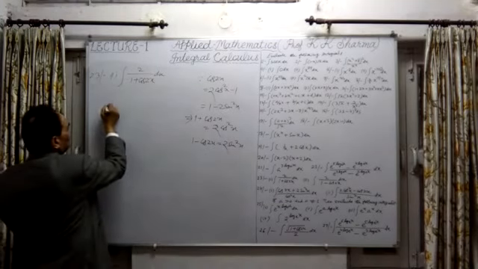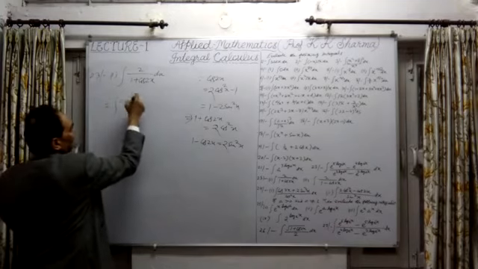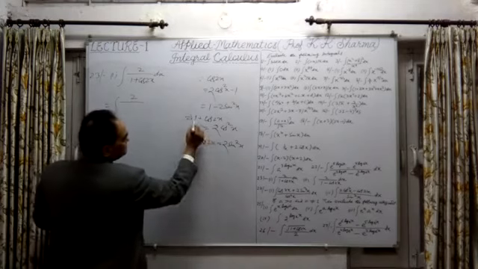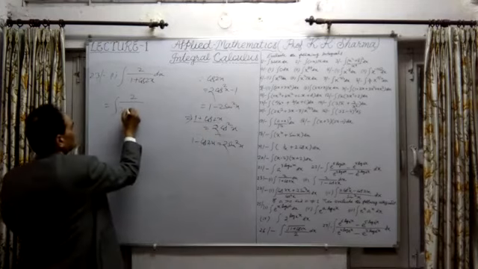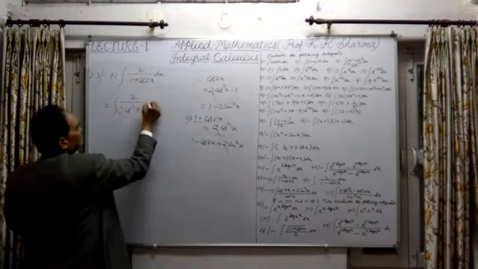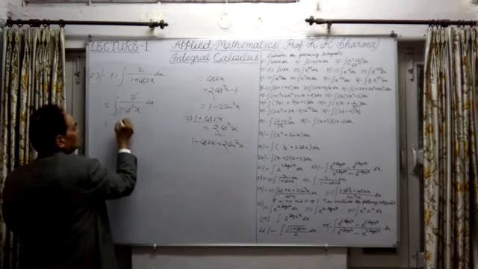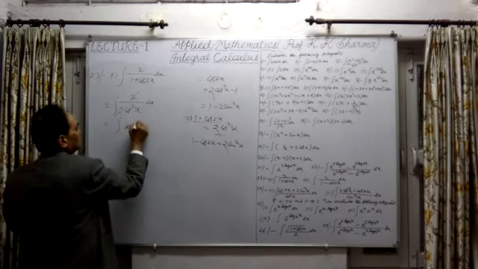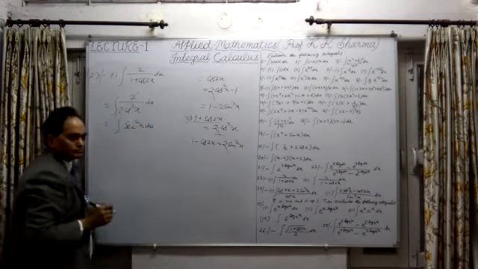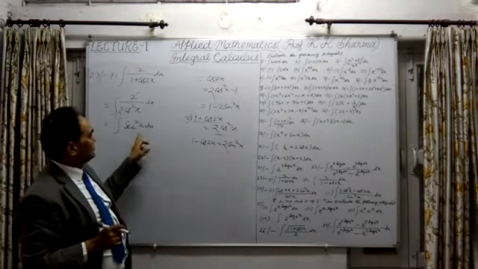So what will we get here? Therefore, this is the integration of 2 upon 1 plus cos 2x, and 1 plus cos 2x equals 2 cos square x. So 2 upon 2 cos square x into dx. The 2 cancels out. This is 1 upon cos square x, that means secant square x into dx. Okay, we have obtained this one.